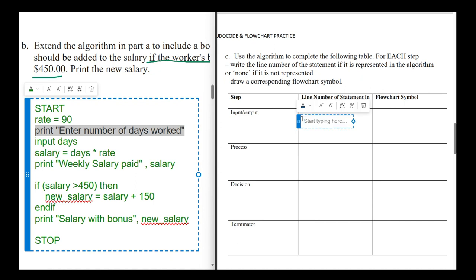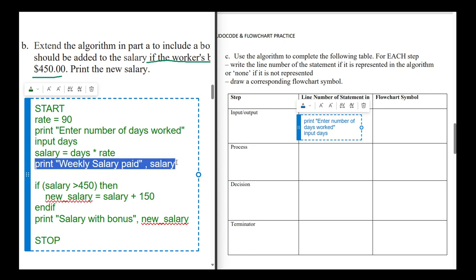So this one would be an output here. Do we see any others? Yes, when we accept the day, that's an input, right? Do we see any other? Yes, when we print the salary, that's an output.